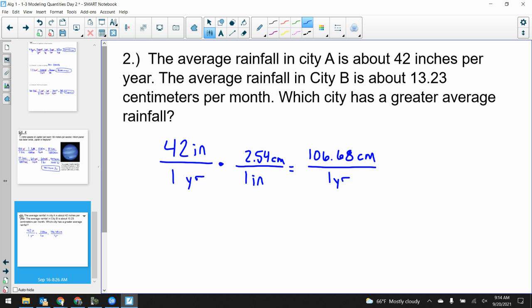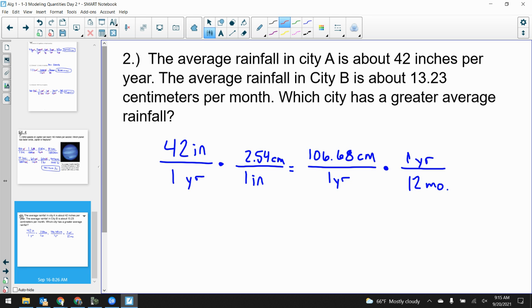Right? But I don't want centimeters per year, I want centimeters per month. Okay, so what's the conversion factor? 1 year, and again, I'm putting the years on top because I need it to cancel out diagonally. 1 year is how many months? 12 months.